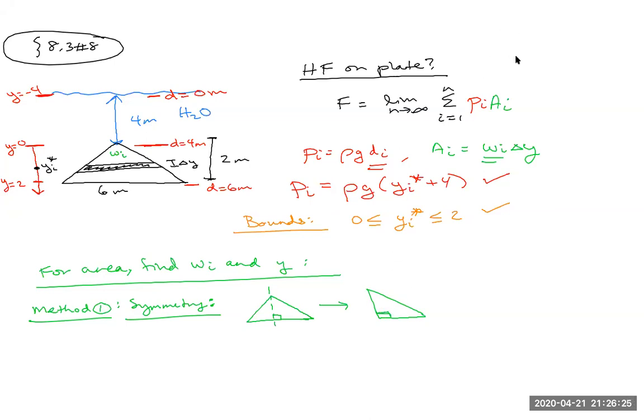Okay, so for the strip, let me do this. That'll be our small triangle. We have a wi over 2, and the height would be yi star. That would be similar to your larger triangle.